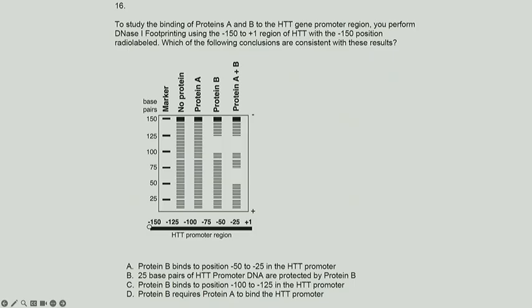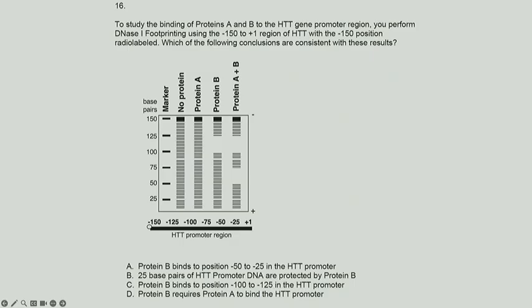Okay, so we have our Huntington's promoter region. We've labeled the minus 150 end, right? And then we've added protein A by itself, protein B by itself, and protein A and B together. So, protein B binds to position minus 50 to minus 25. Is that going to be true?